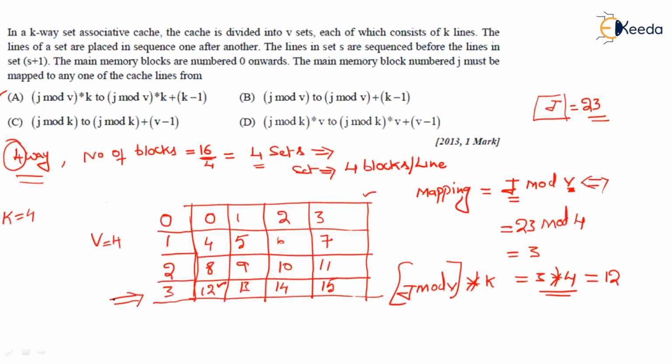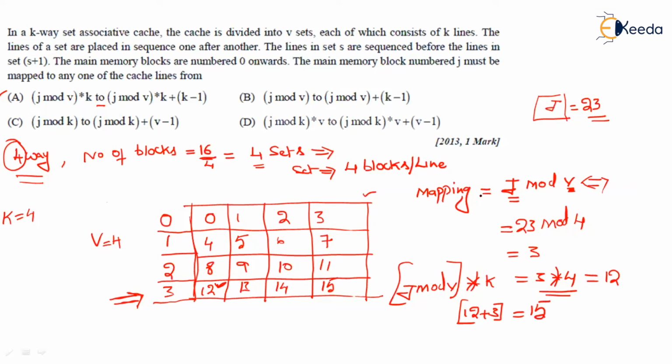So it is getting mapped to the third set. The third set lines are starting from 12. Then J mod V into K plus K minus 1 is equal to 12 plus 3, which is 15.